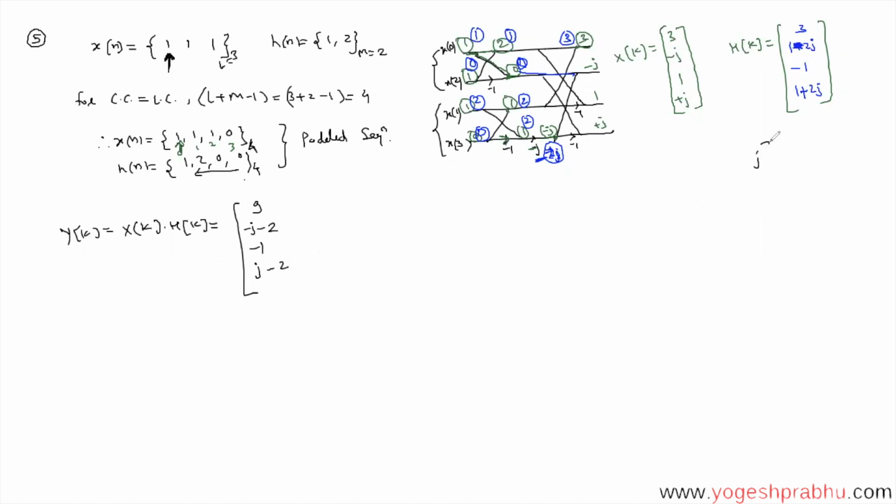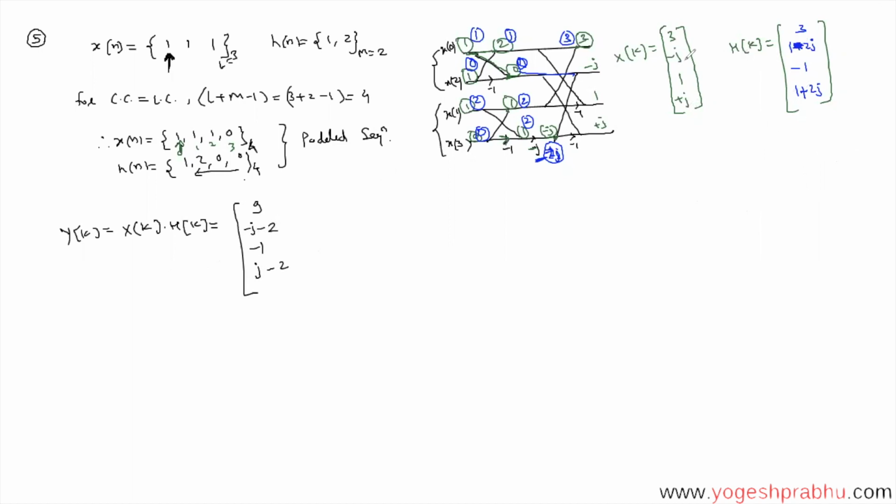Minus j square is minus 1, right? It's a complex number, so j square is going to be minus 1. So for negative j times 1 minus 2j, we got negative j, and then we say minus 2.